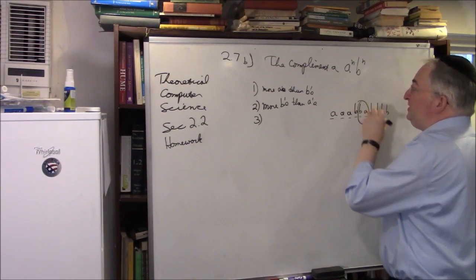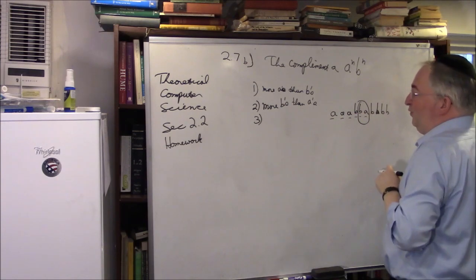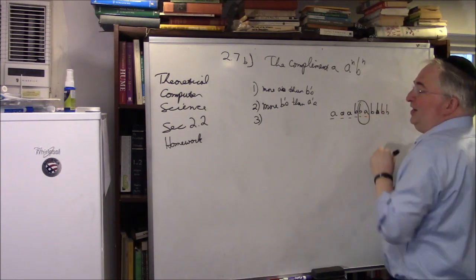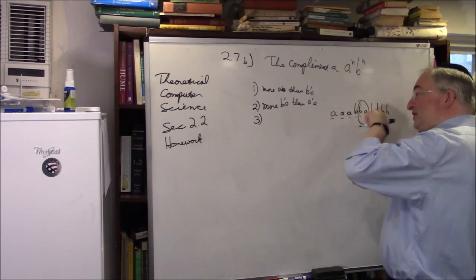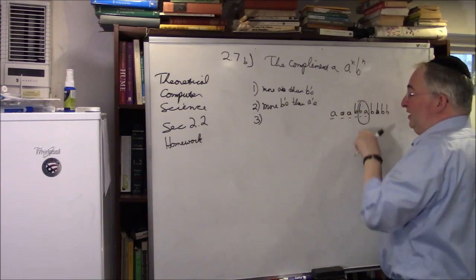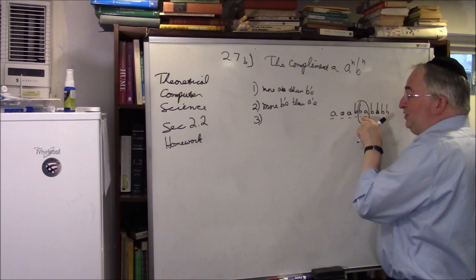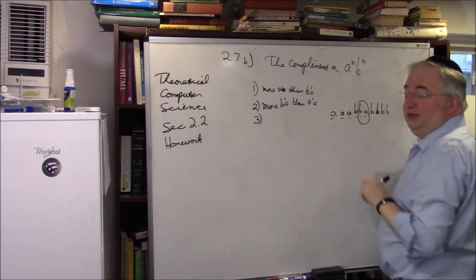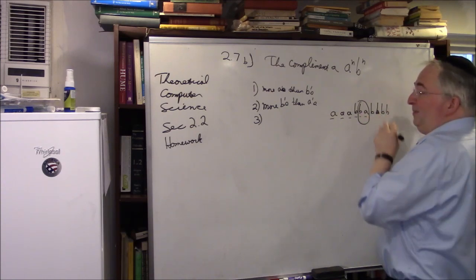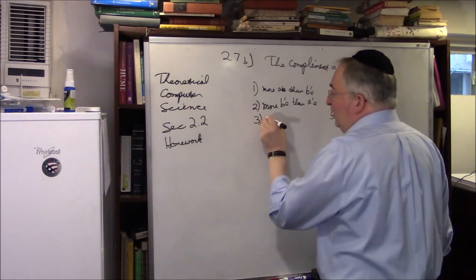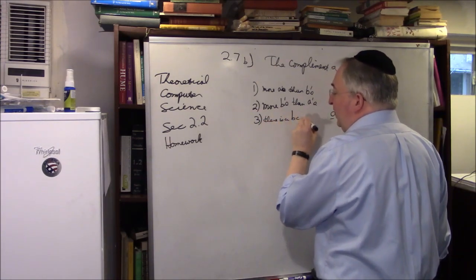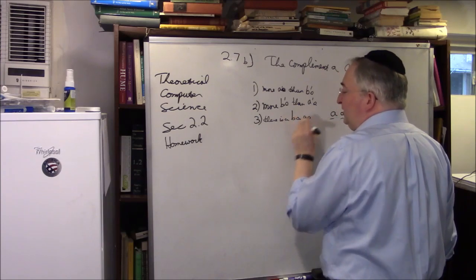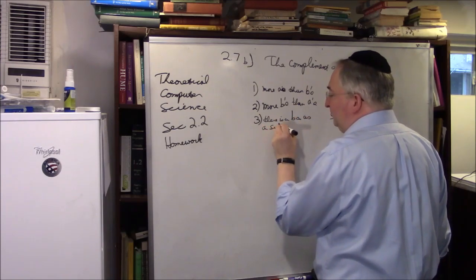This is what makes it not in that form. As long as you have a B and then an A, that means it's in the complement of A to the n, B to the n. As long as you have a B and then an A, it's no good. I don't care what happens afterwards. So there is a BA as a substring.